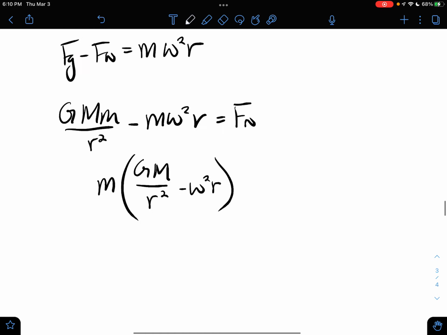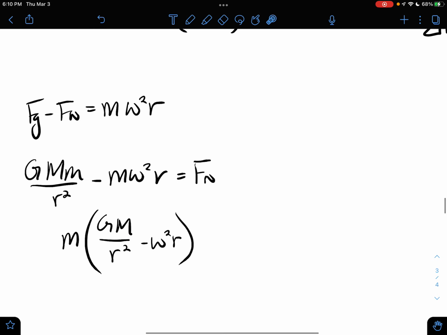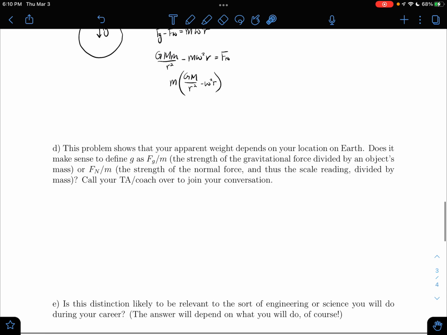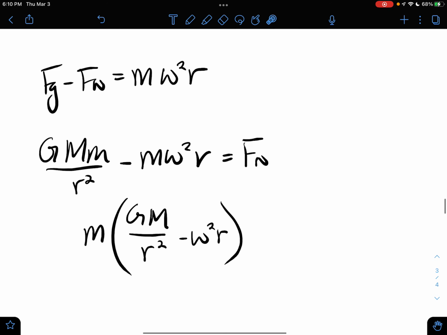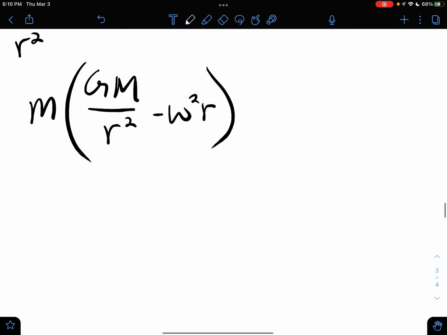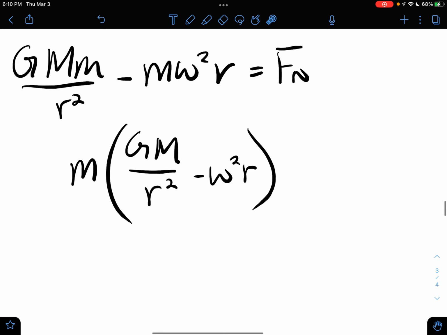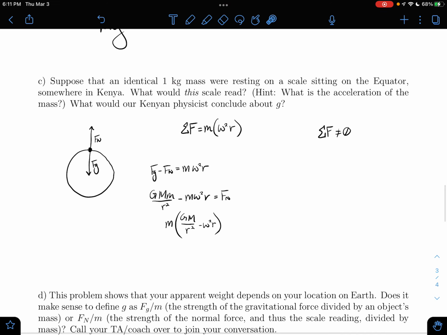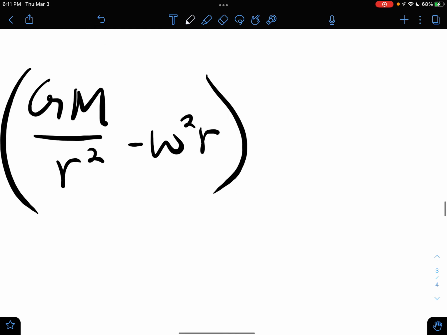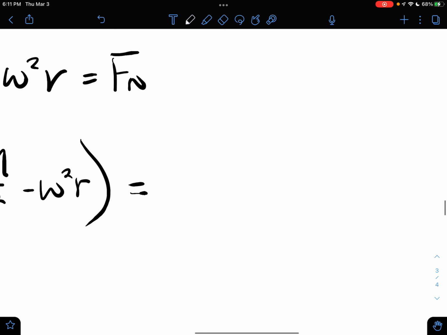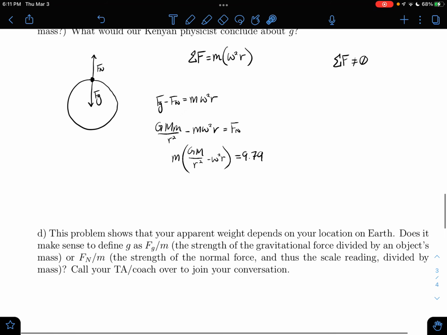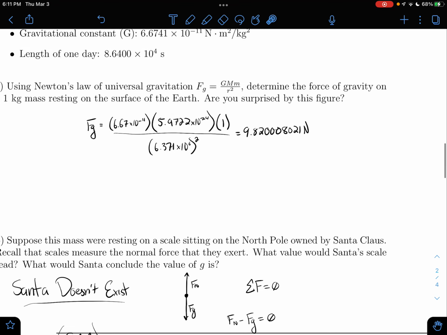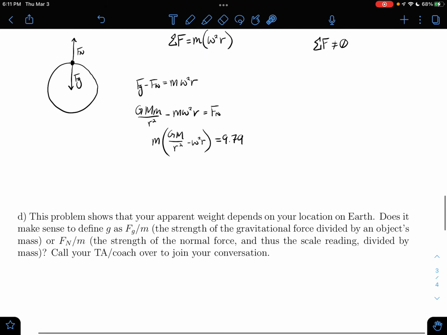If we plug in the mass of our Earth, our gravitational constant, the radius of the Earth, and that same omega that we were looking at before, and assume a 1 kilogram object, we get that our force is going to be roughly 9.79. So still rounding to 9.8, but very different from our 9.82.